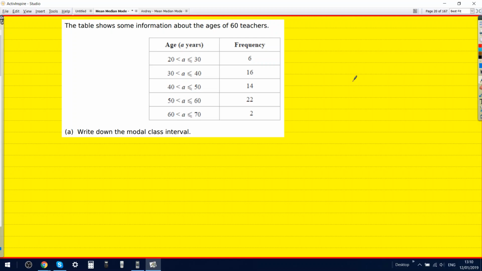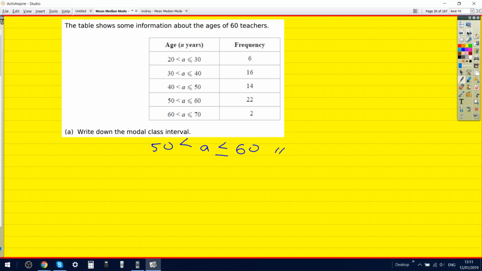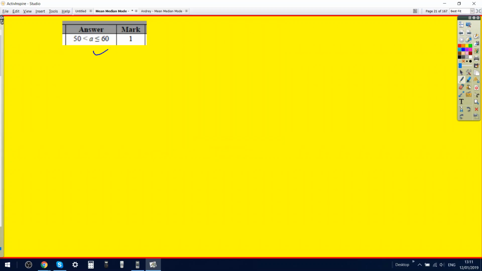Would it just be the whole thing? Basically that, less than 60. That's a class interval. That's what it's called. 50 to 60.